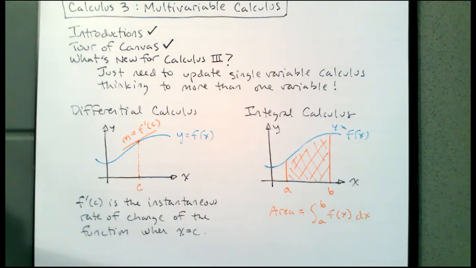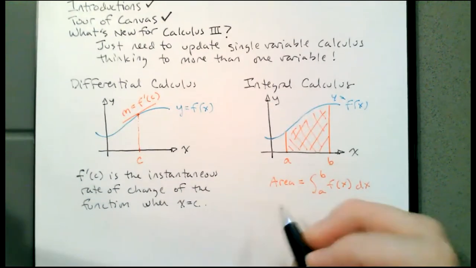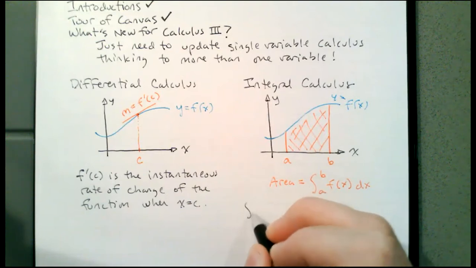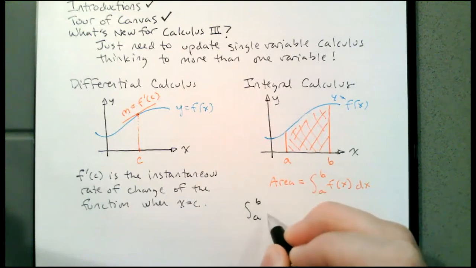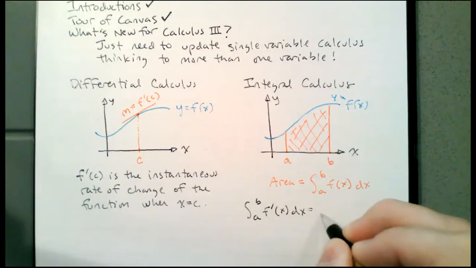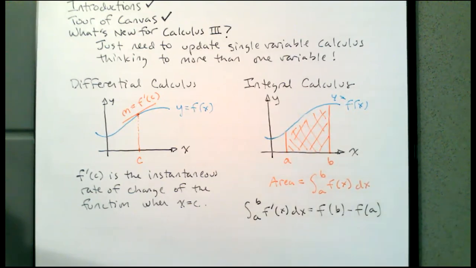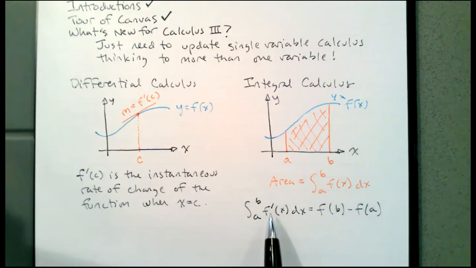So the definite integral of a rate of change of a function from A to B gives us the change in the function from A to B. So we integrate the rate of change, we find out how much the function has changed.